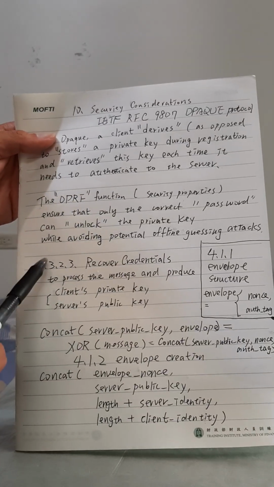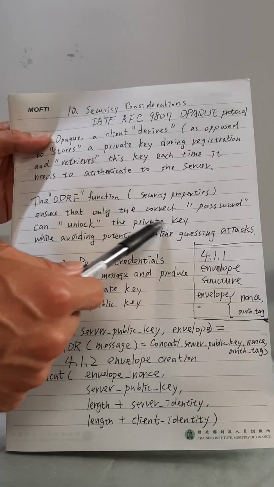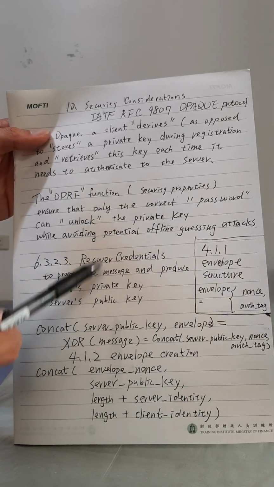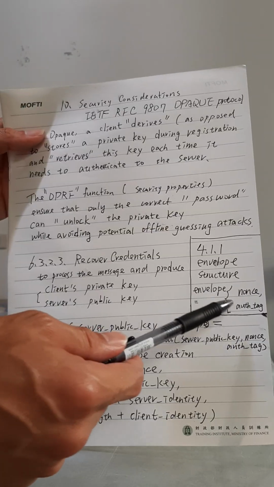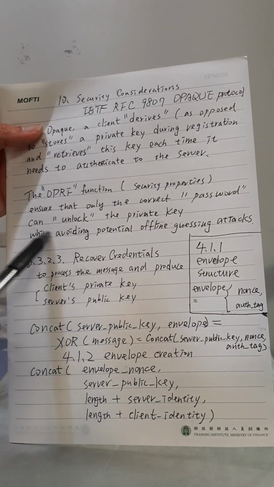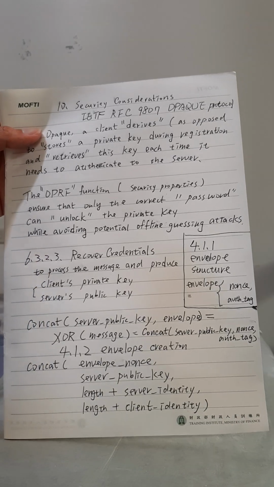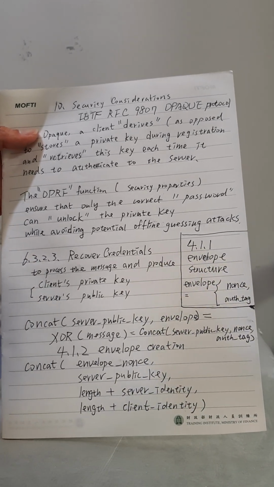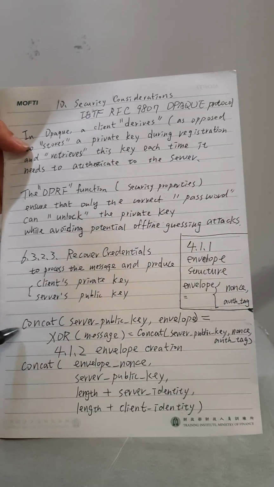Using this cross-stage key with the nonce, the client calculates a seed, and uses that seed to derive a private key.